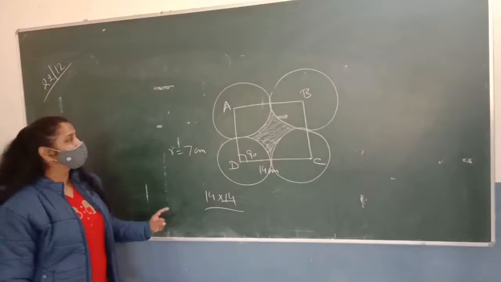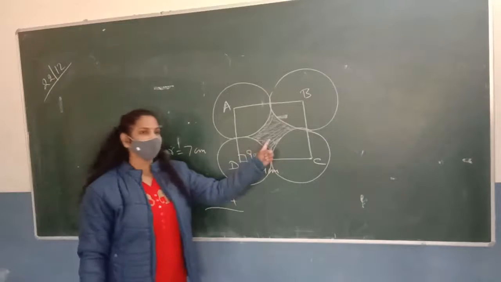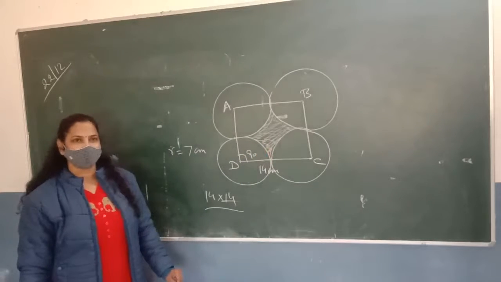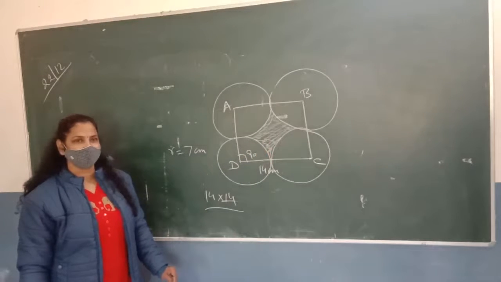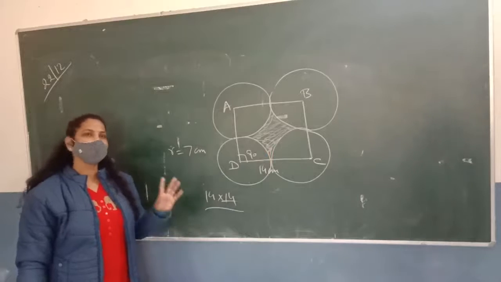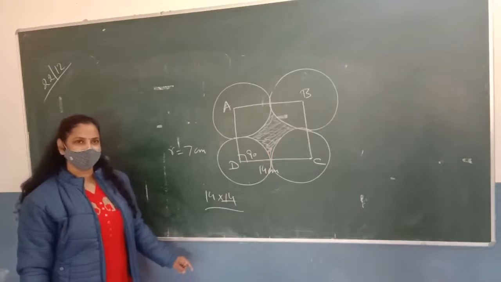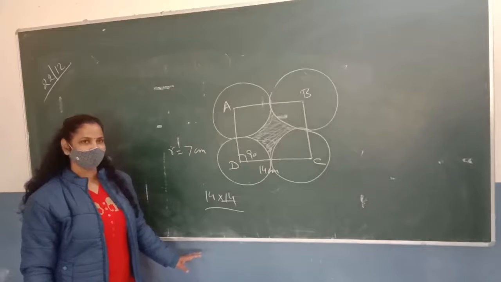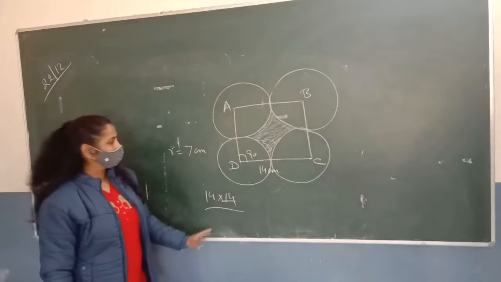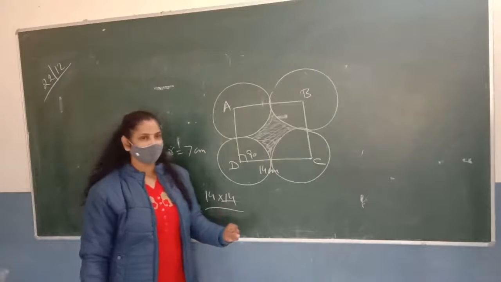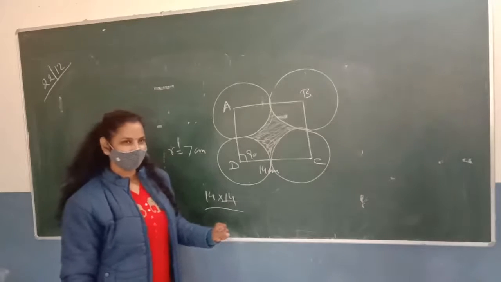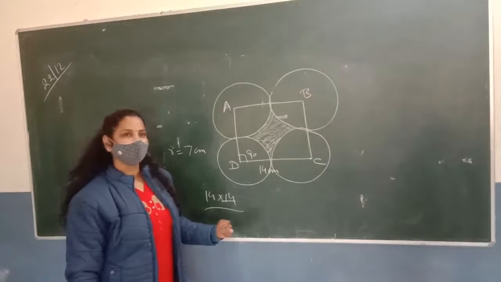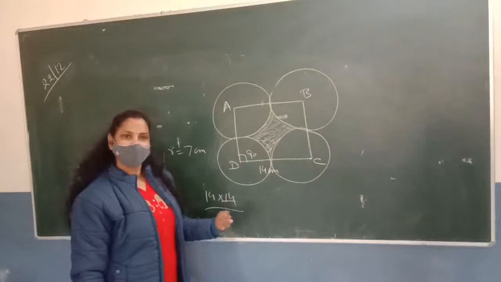The remaining circle portions. What will be the area of the remaining circle? 90 upon 360 into pi r square. Good.